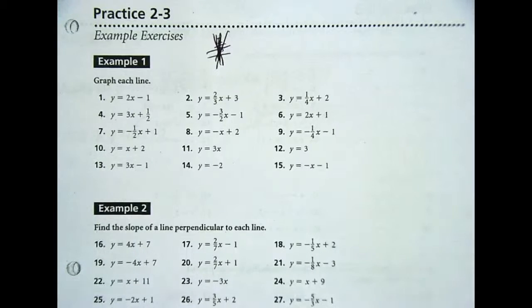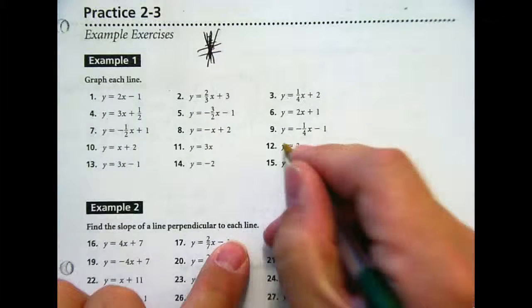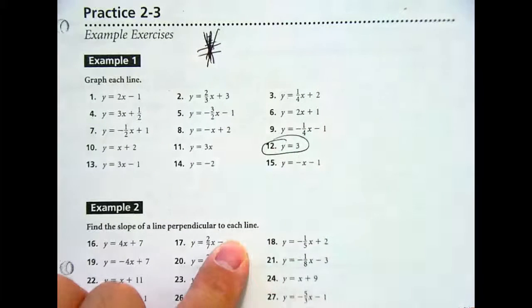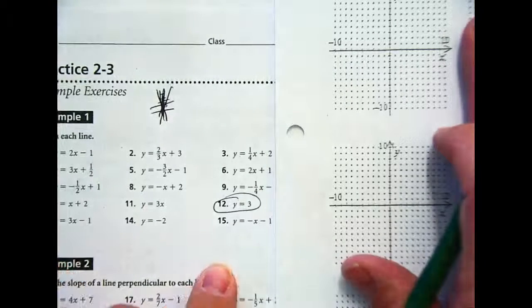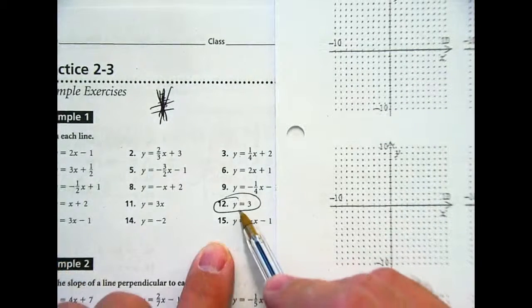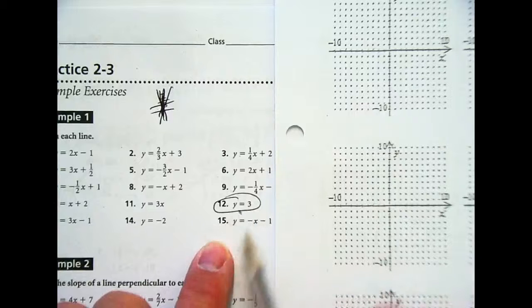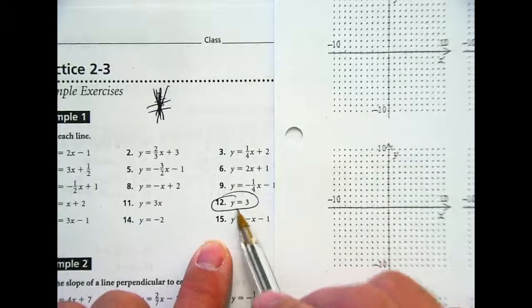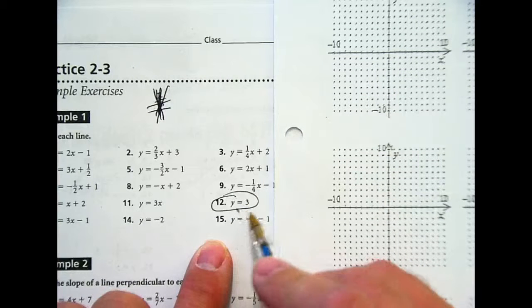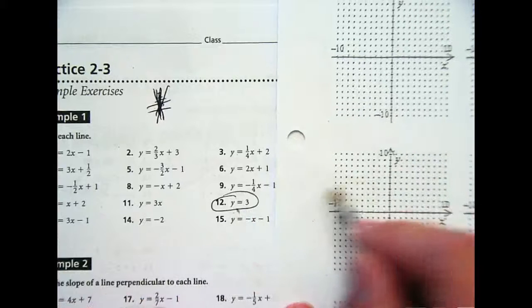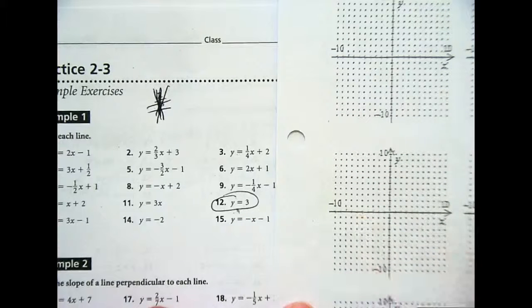Carson's question is on number 12, would that be a 0 slope? It would be a 0 slope. Here's what I want you to take away, and I'd hope you had seen this in algebra. If it's a y equals equation and there's not an x, it only crosses the y-axis, and that tells you where. You find 3 on y, and that line goes horizontally.